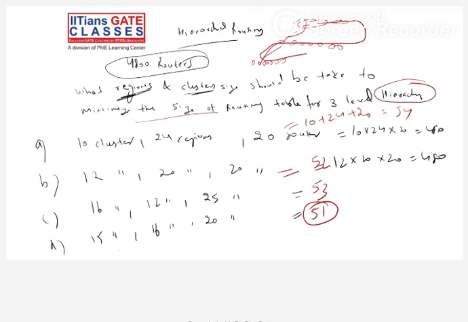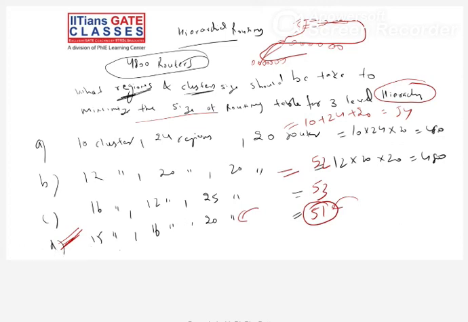B is 12, 20, and 20. 12 into 20 into 20 is 4,800 routers. Option C, 16, 12, and 25. And D is 15, 16, 20. If you multiply, all will be 4,800.